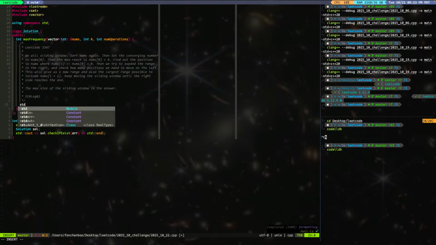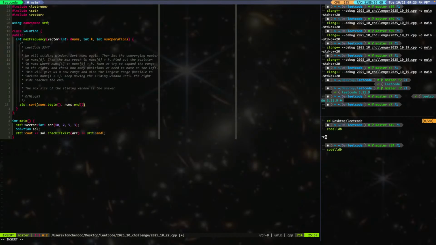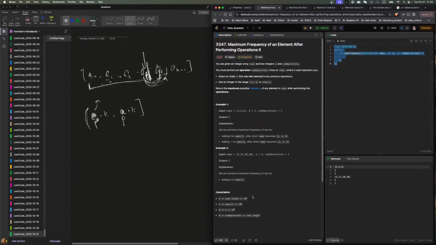So we'll do sort, okay, and then int j shall equal to... well, the value is 10 to the 9, 2 times 10 to the 9.